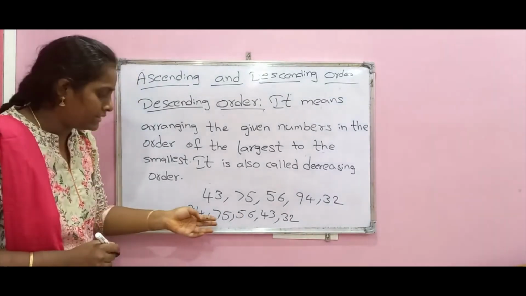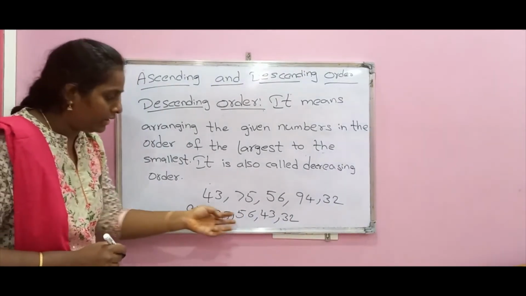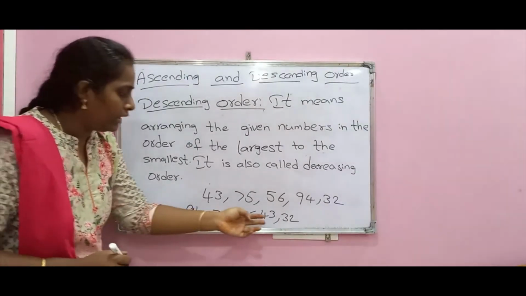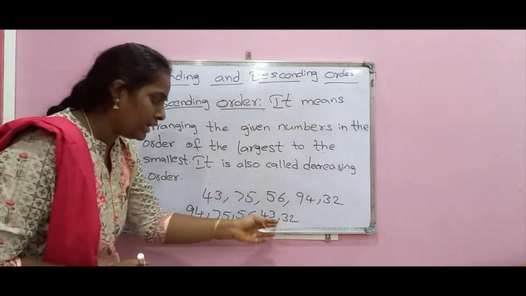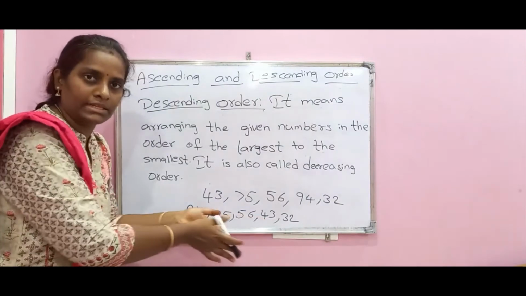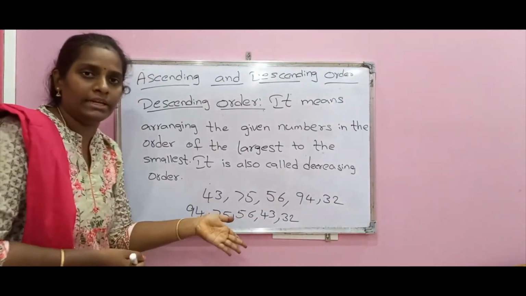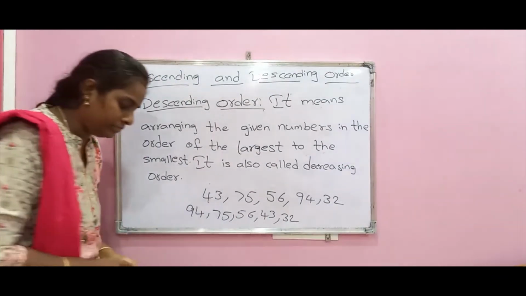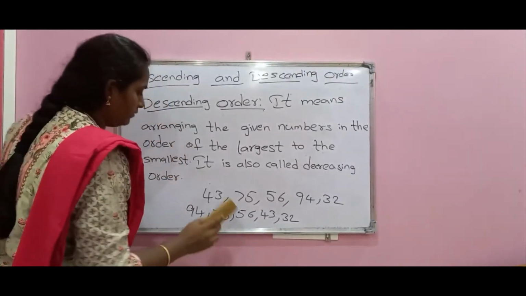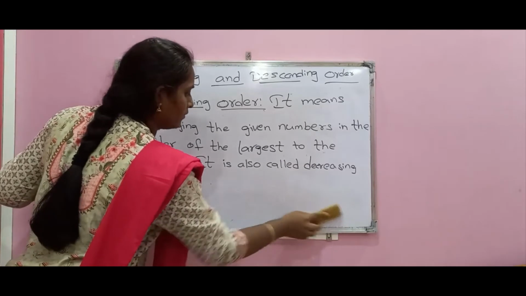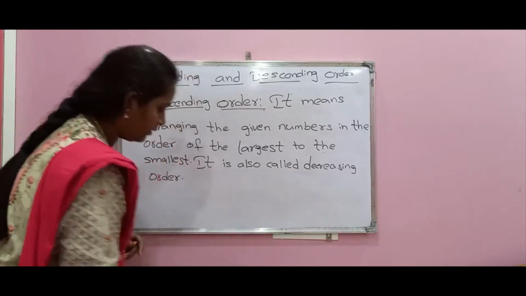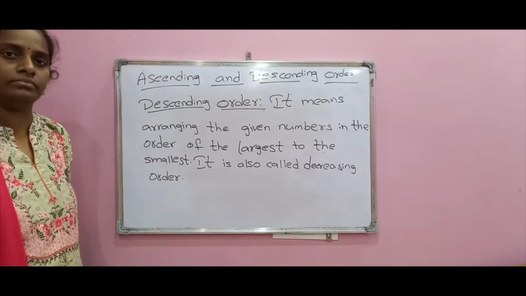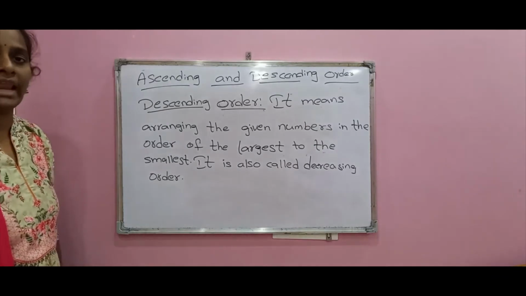9 is bigger than 7. 7 is smaller than 9. Here 5 is smaller than 7. Here 4 is smaller than 5. Here 3 is smaller than 4. It's decreasing. Yes? That is the descending order. Descending order is also called decreasing order. Copy this one into the classwork.